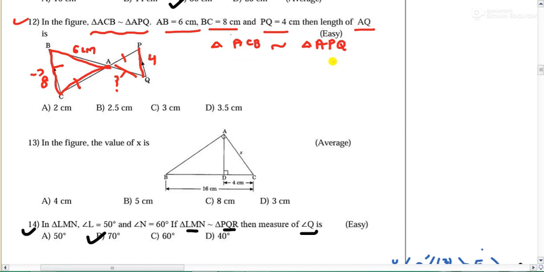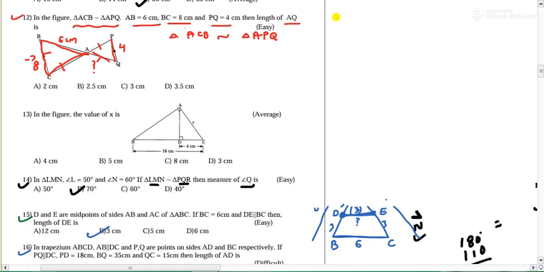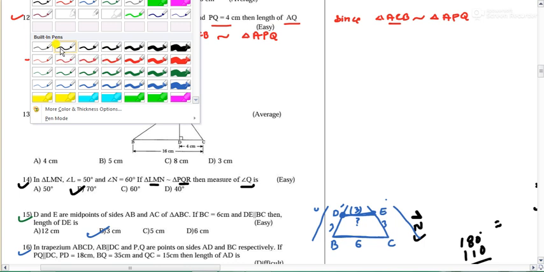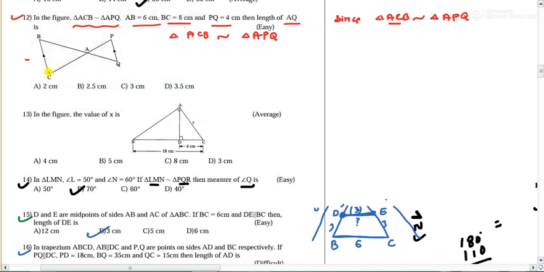Got it? How can you solve this? Since triangle ACB is similar to triangle APQ, you should write like this, based on this data itself. What is the corresponding side of AC? If you look at the figure, this is AC, and its corresponding side is AP.